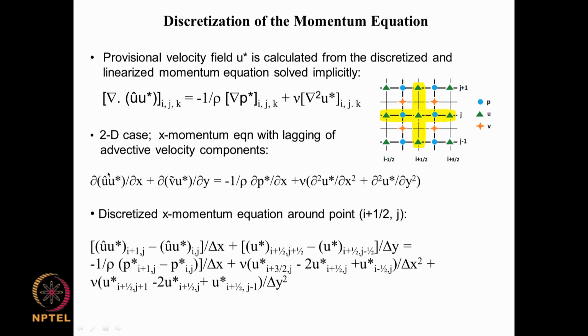So, we make use of the previous iteration value, and we therefore denote this as u tilde. Similarly, here in this equation, v is not known because v can be known only when we are solving the momentum equations. So, we make use of the previous iteration value to get this, and we solve this equation only for u star as per this approach here.